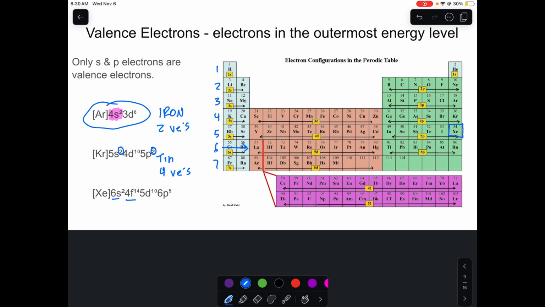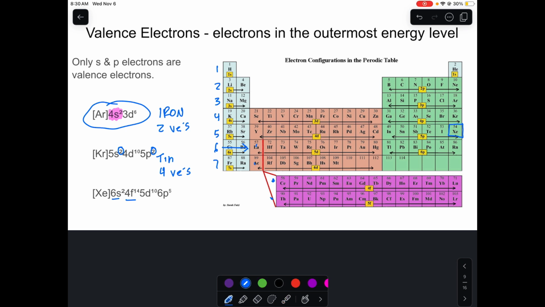Remember, the drop down for these inner transition metals, the lanthanides and the actinides, is 2, right? So the 6 period drops down to 4f, okay?